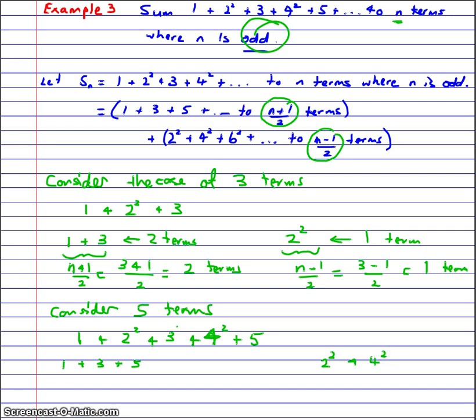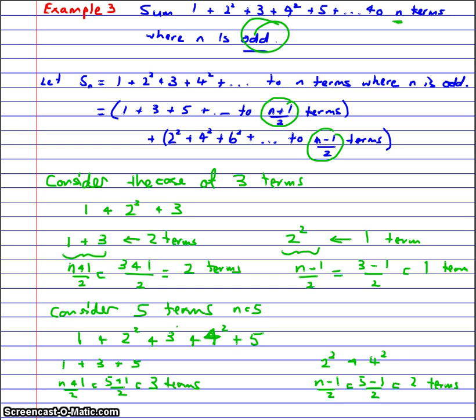So for n plus 1 over 2, n is 5, so 5 plus 1 over 2, that's 6 over 2 is 3 terms, which is what we've got. This one here is n minus 1 over 2, so that's 5 minus 1, which is 4 over 2, which is 2 terms, which is what we've got here.